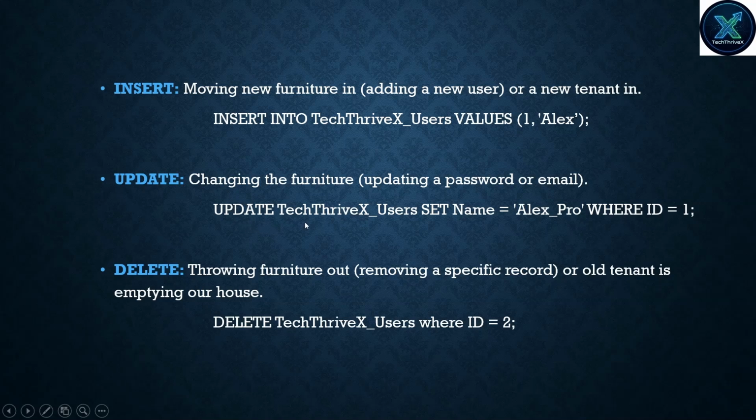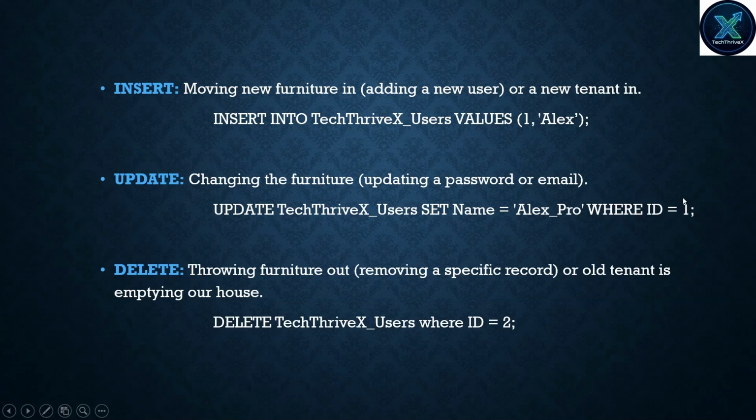Here is the syntax for the update command. Update table name, set name equal to Alex Pro, which is his original name. By mistake we have entered Alex. Let's think like that, okay? Where ID equal to 1. This is used for filtering. Where clause. We will learn about it in future classes.